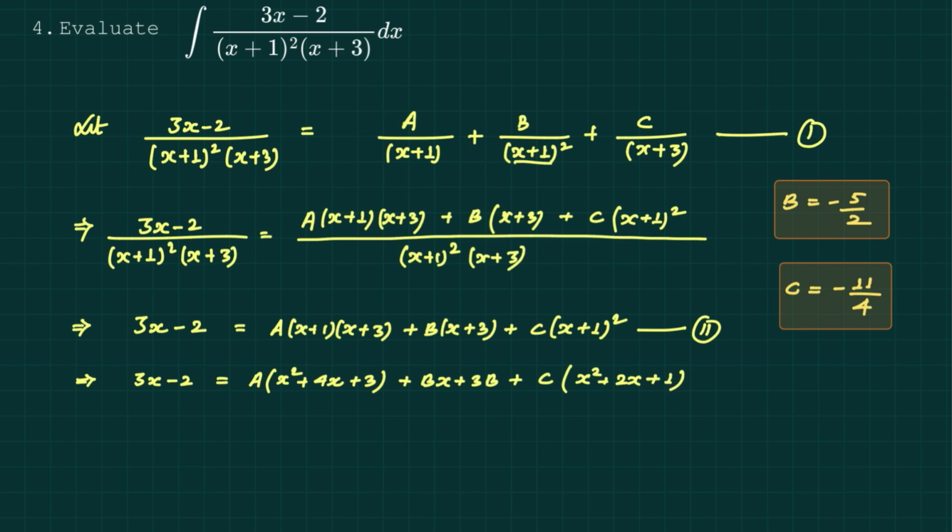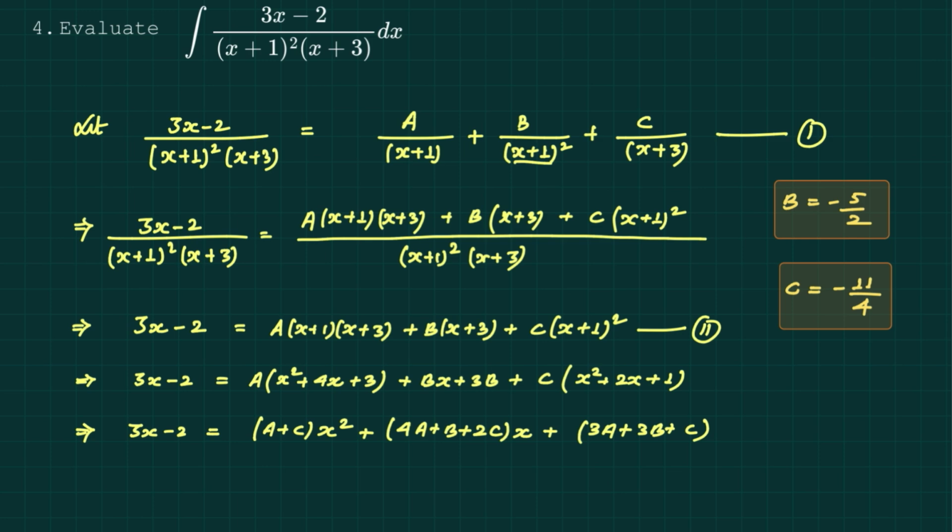Now rearranging the terms on the right hand side, then we will have a plus c x square plus 4a plus b plus 2c into x plus the constant terms, that is 3a plus 3b plus c.